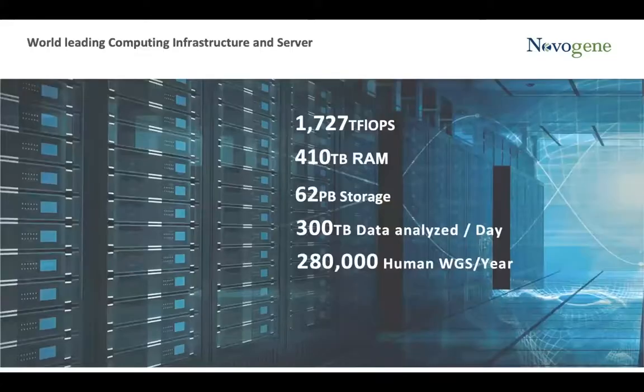And thanks to our world-leading computing and server capabilities, we can carry a vast number of projects in parallel, and at the same time still achieve amazing data stability and turnaround time.